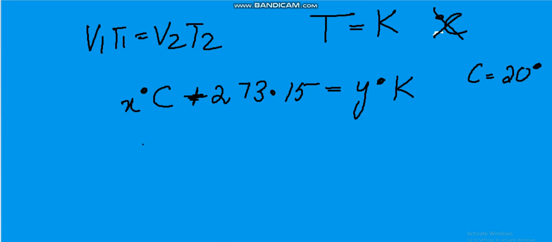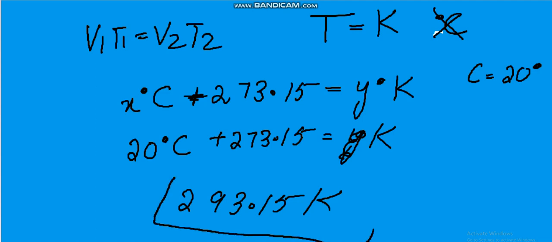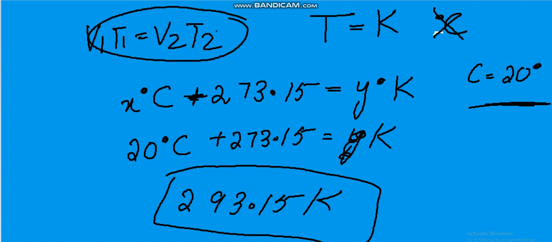So to change it into Kelvin, you will input this formula: 20 degrees Celsius plus 273.15 is equal to K, and that would be 293.15 Kelvin. This would be your answer, and this is the value you're supposed to use. Using 20 would be absolutely wrong and would give you the wrong answer with this formula. So you're supposed to convert.